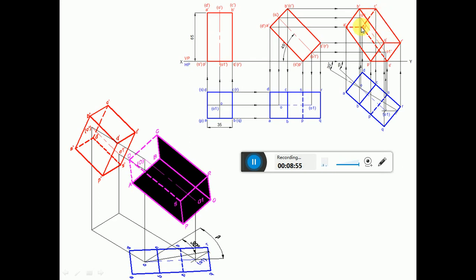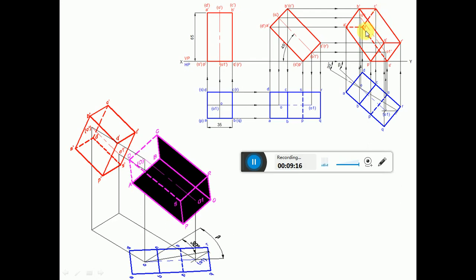So applying that rule, from this point D dash there are 3 edges emanating out of it, which are D dash S dash, D dash C dash and D dash A dash. From this point D dash S dash is already invisible, D dash C dash is already invisible.